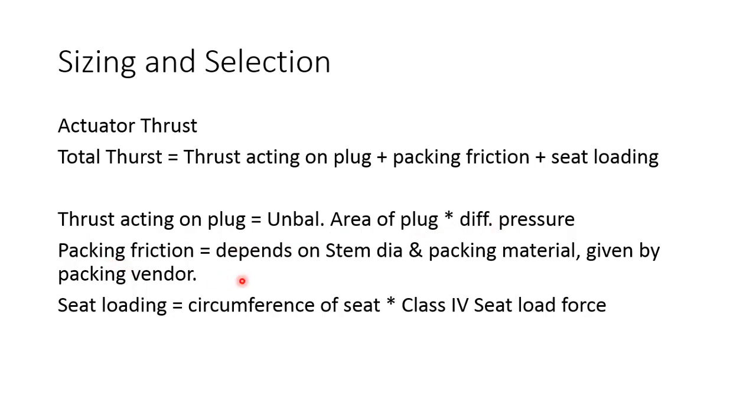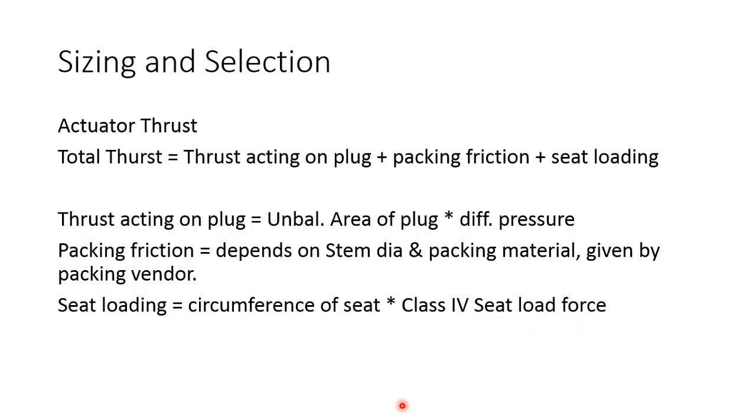Packing force depends on the stem diameter of packing given by the packing vendor, and seating load is the circumference of the seat times the seat class, class 4, class 5, class 6, depending upon this. So there is already a seat load calculated by the design engineer, and that can be used.